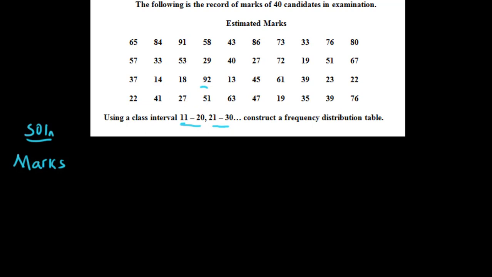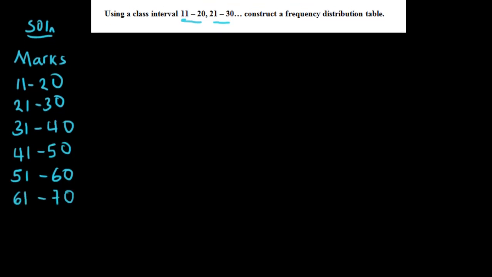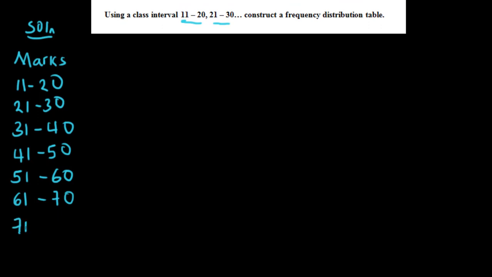Now let's try to write the intervals. So we have 11 to 20. We have next 21 to 30. All we need to do is just to follow this format. So we have 31 to 40, then 41 to 50, then 51 to 60, then 61 to 70, then we have 71 to 80, 81 to 90.